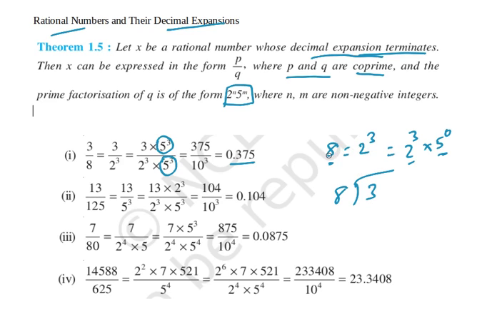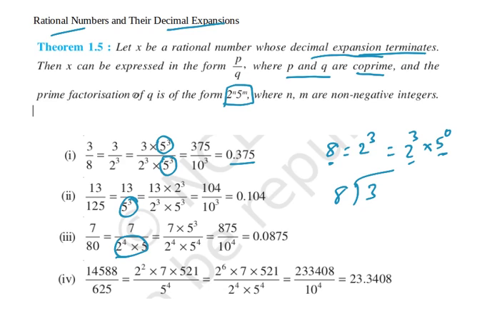So, if for any rational number the denominator is of the form a product of 2's, or a product of 5's, or a product of 2's and 5's, that kind of decimal expansion is a terminating one. Definitely it will terminate at some point.